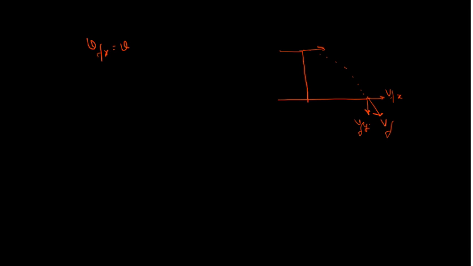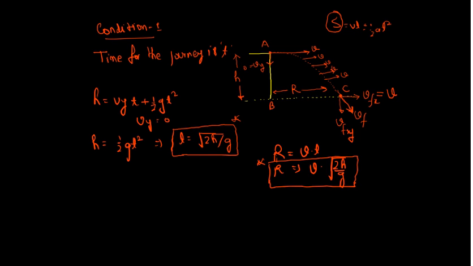Now the question is, what is the y component of the final velocity? This was the height h, and the object comes to the ground having started with a y component of 0. It has taken a time t, which is square root of 2h divided by g. We have just calculated it.